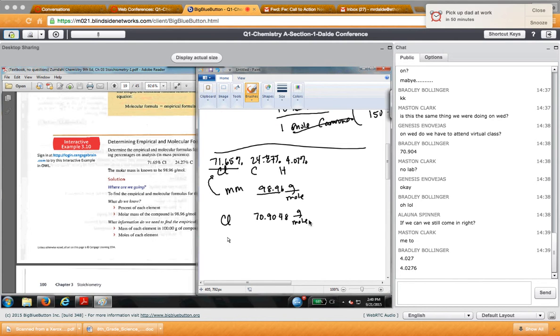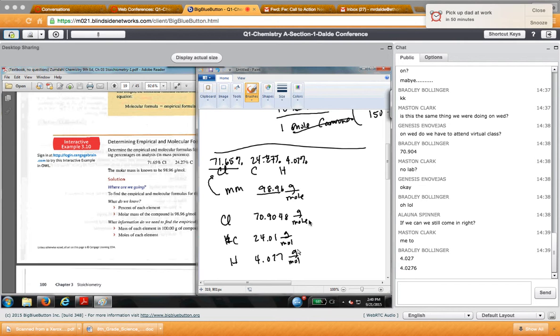All right, so how much hydrogen is there? There's 24.01 grams per mole. And how much... No, this is how much carbon there is. How much hydrogen, Bradley? And you're saying 4.027. All right. 4.027 grams per mole.